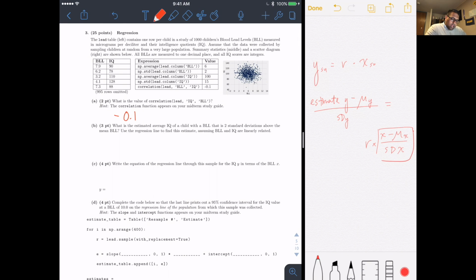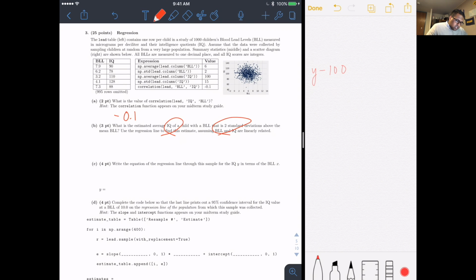So we can use this formula to figure out the estimated IQ of a BLL that is 2 standard units above the mean. So let's go ahead and do that. The Y value we're looking for minus the average value of Y, which is provided in the question, and since Y is IQ, that's 100.